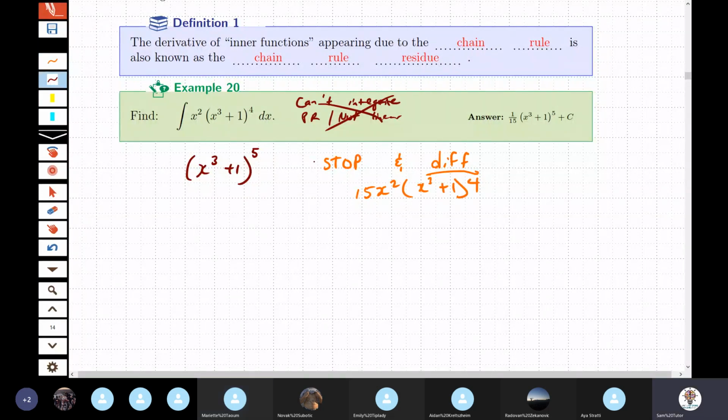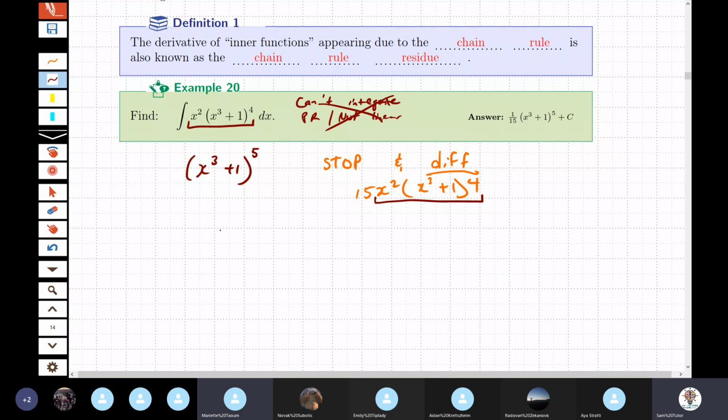How close are you to the original question? What's the only difference? That 15, right? So what are you going to do, Maria, to that 15?